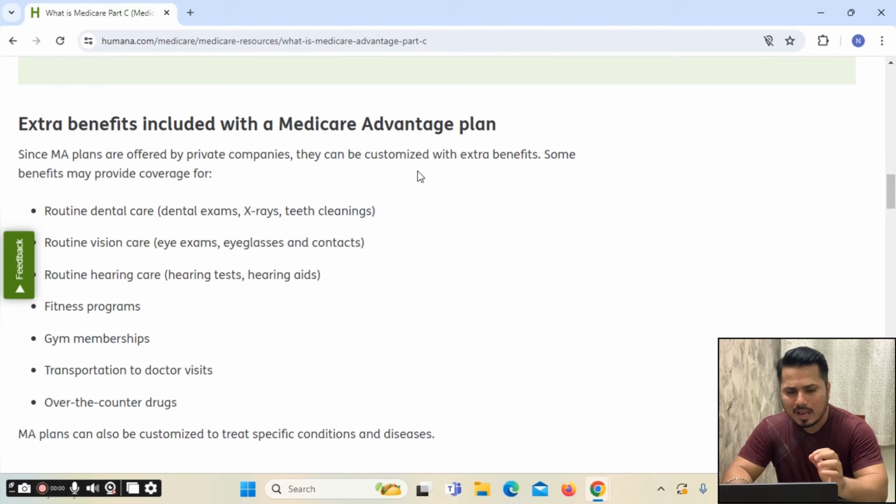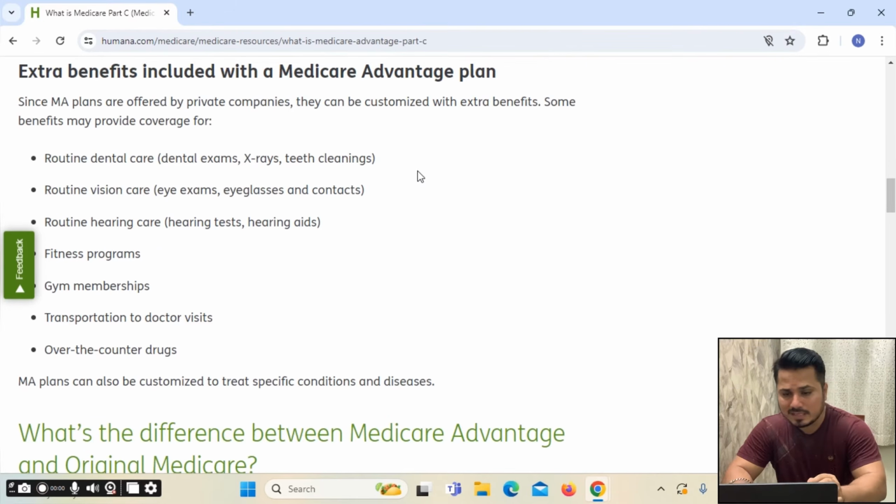Okay, now let's see the extra benefits which are included with Medicare Advantage plans. Since Medicare Advantage plans are offered by private companies, they can be customized with extra benefits. Some plans may provide coverage for routine dental care: dental exams, x-rays, teeth cleanings.